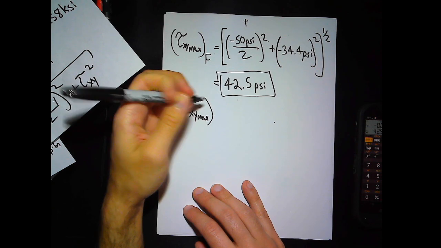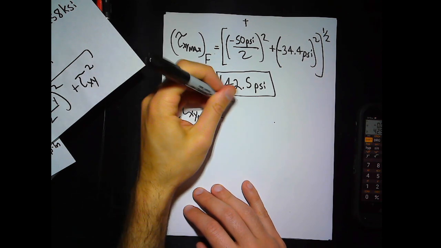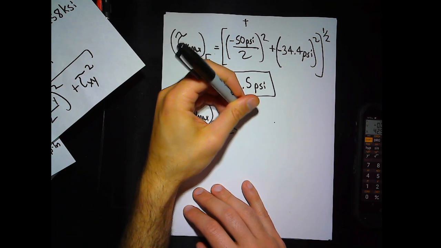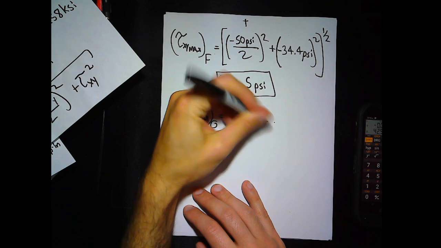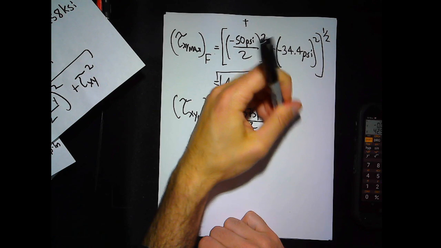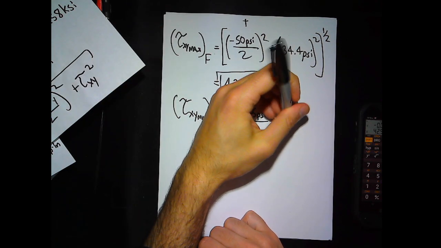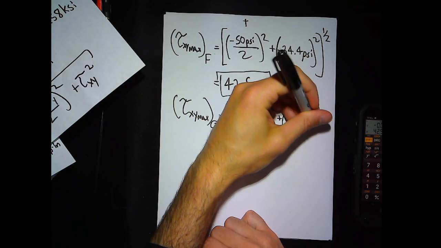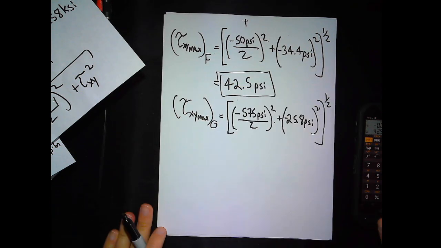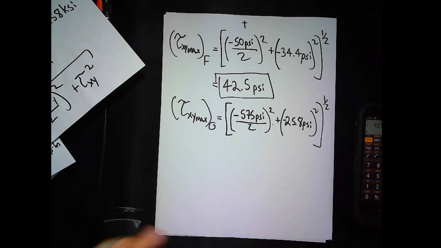So let's see, G, it's negative 575 psi over 2 squared plus 25.8 psi negative squared, all that to the 1/2 power. So 575 over 2 squared, 25.8 squared, add those, square root.